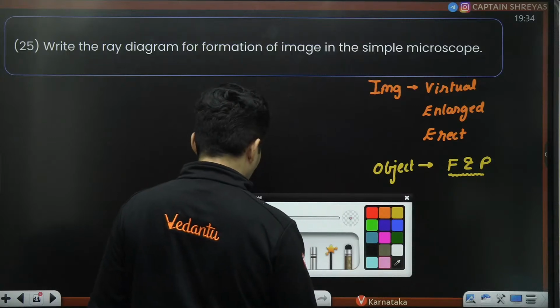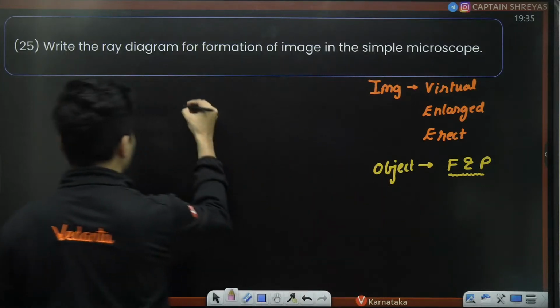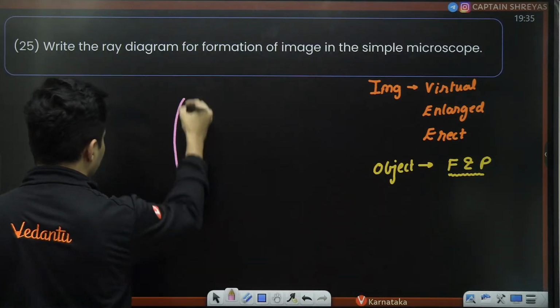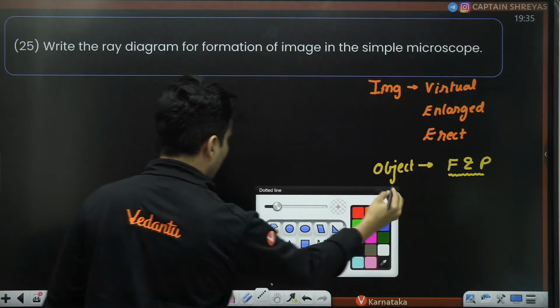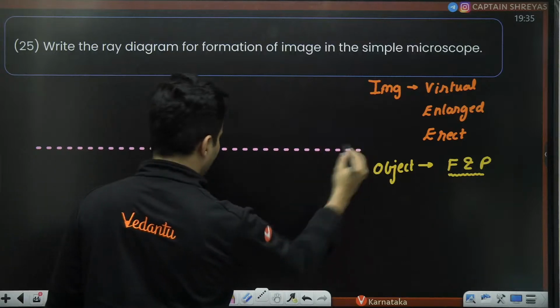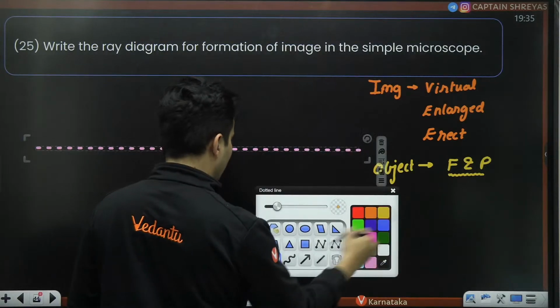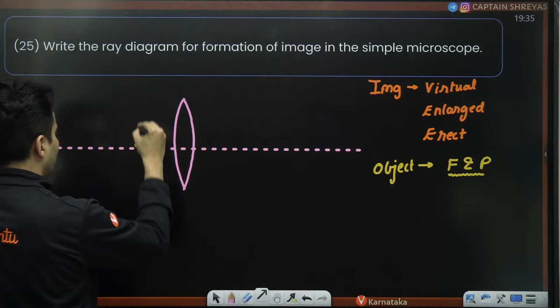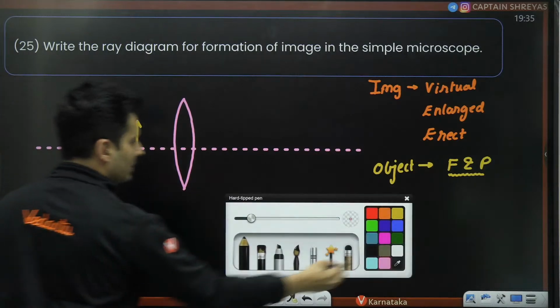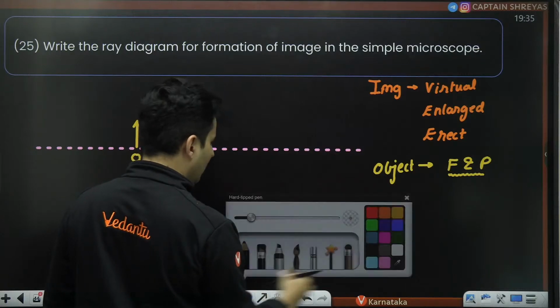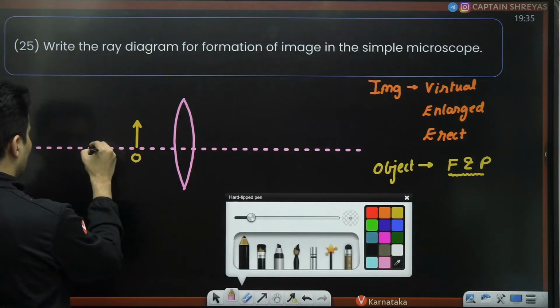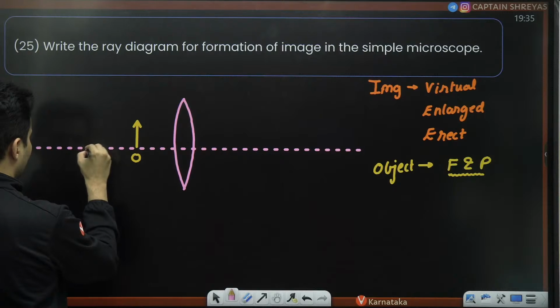So if we try to draw this particular diagram, it will look something like this. Okay, like this. And the object might be here, let's say. This is your object, and maybe this is your focus.